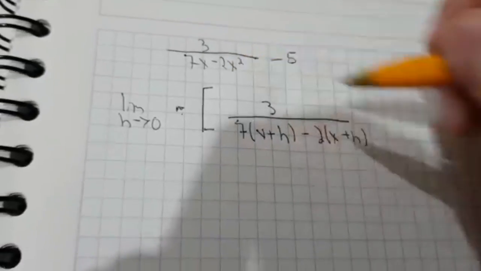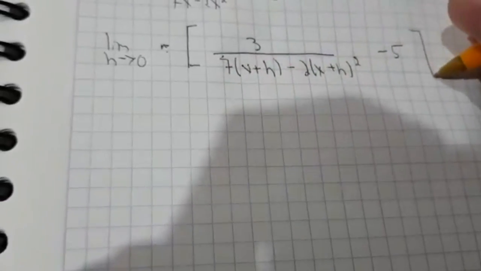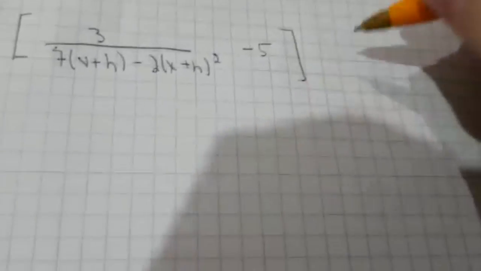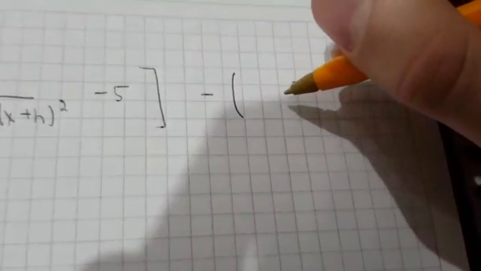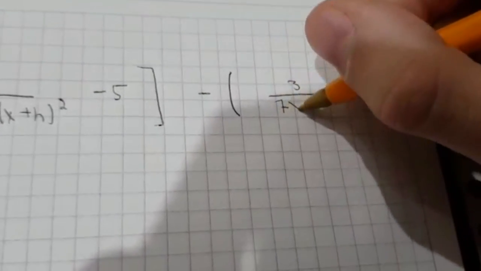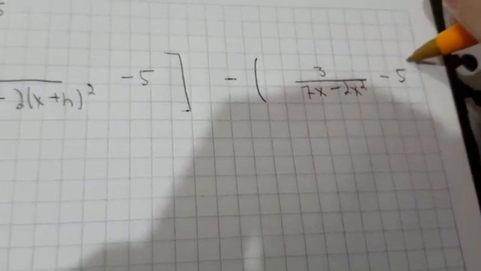It's got to be squared. You have to keep in mind that because it's squared up top, it has to be squared as well on the bottom, minus 5. And then we're going to close this, just like that. After that, we're going to subtract everything minus the original, the minus 5.